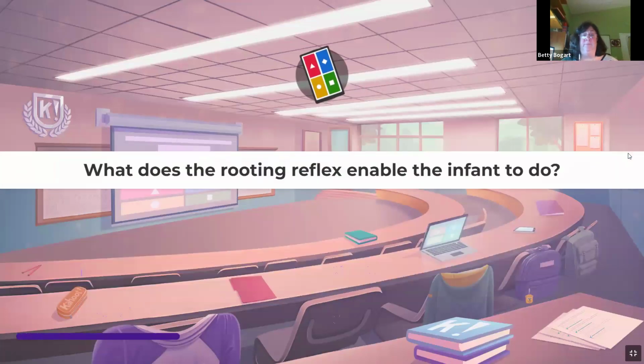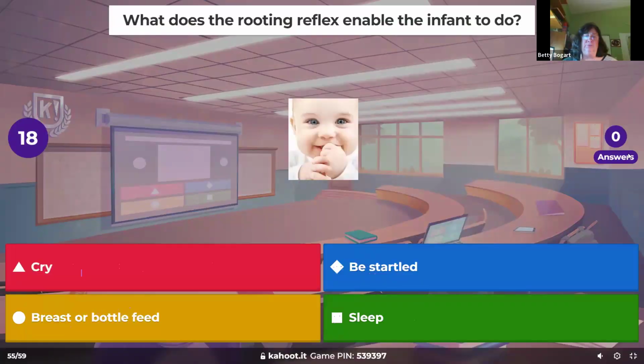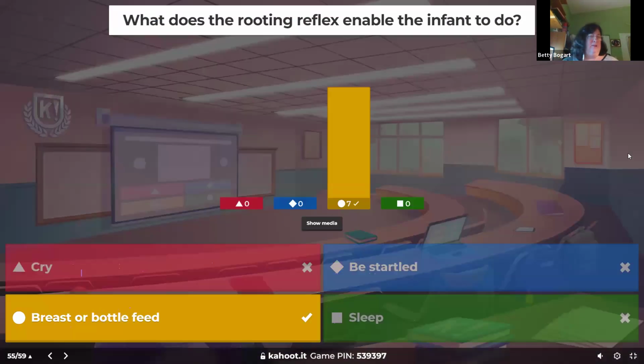Smoke again there. What does the rooting reflex enable the infant to do? What's a rooting reflex? And that's to be fed. You go, ooh, and I want to eat, and they go right towards it.